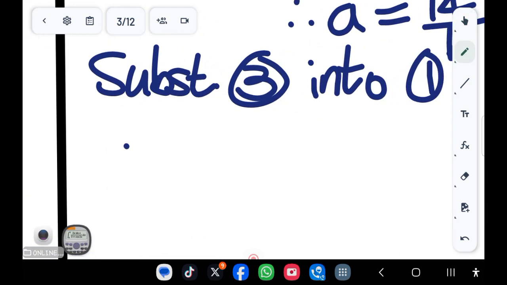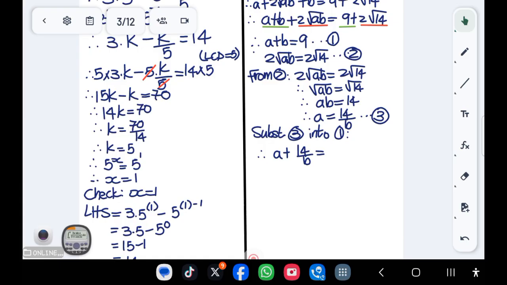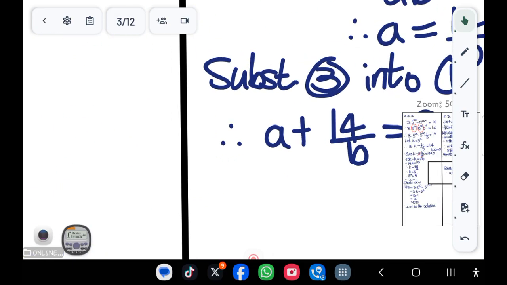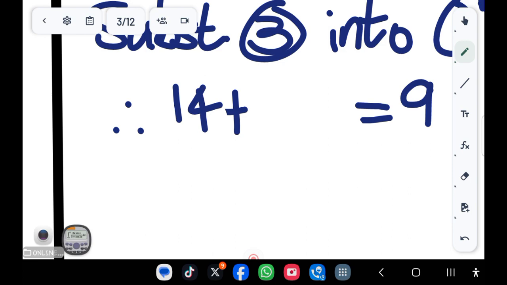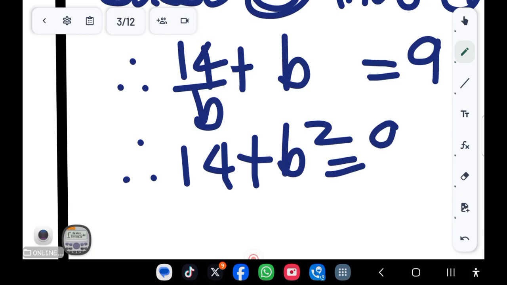So 14 over b plus b equals 9. Now we multiply throughout by b, so that will be 14 plus b squared equals 9 times b.